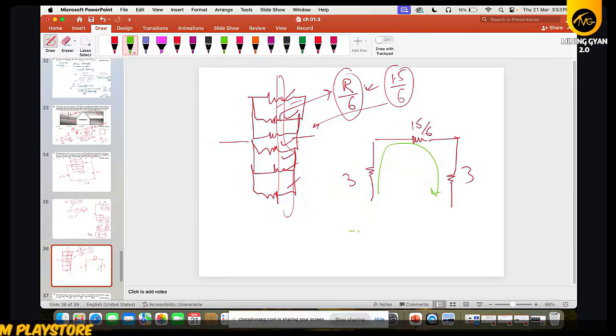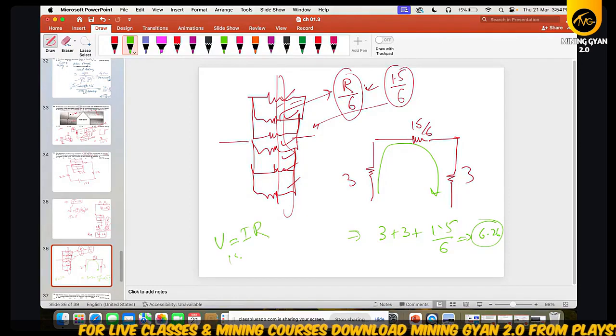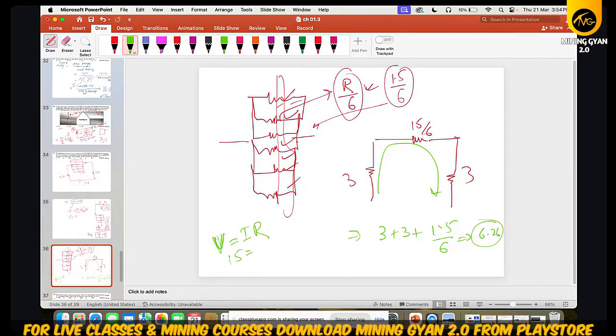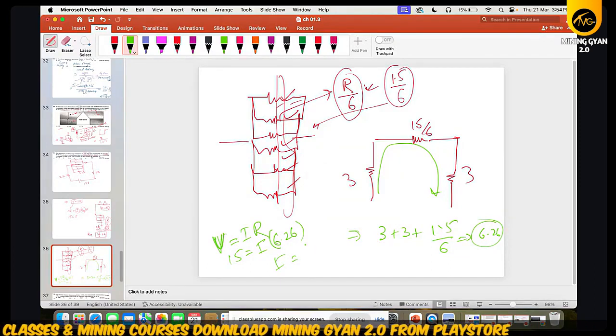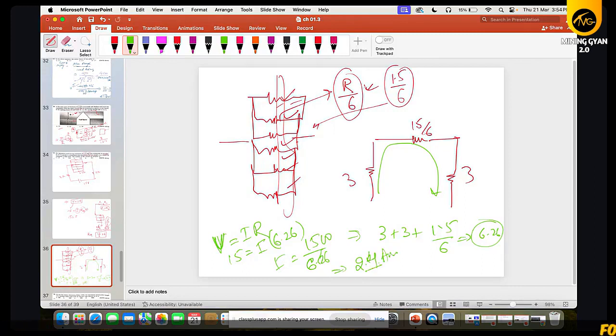Current will flow, so in this case you can add this because this is a series, so it will be equivalent with the 6.26. So V equals IR, voltage is given is 15, I we have to find out, equivalent we have already found out. I will be 15 divided by 6.26, when we divide with 6.26 it will come 2.4 ampere, so answer will be 2.4.